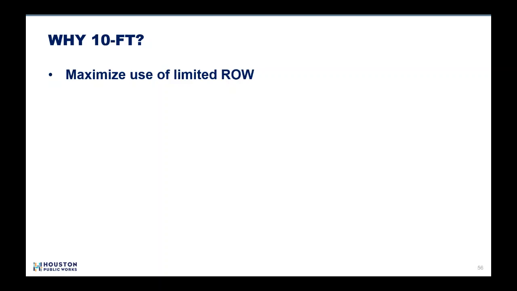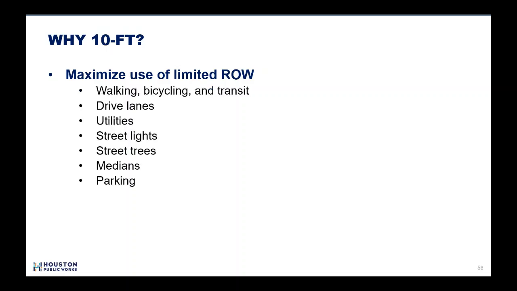They're adding people walking, biking, but also driving. We have a lot of needs that are being pushed into a limited space, and we have to make the most of it. Because in our right-of-way, we need to accommodate everything. Walking, bicycling, transit infrastructure, drive lanes, utilities, streetlights, street trees, medians, parking, the list goes on of what we're trying to fit in. So every single foot we can get back makes it so that we can provide for all of our needs.